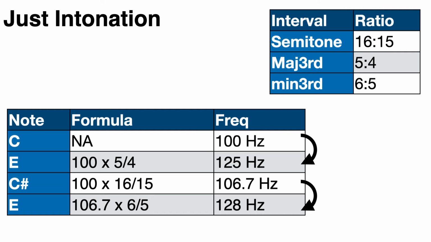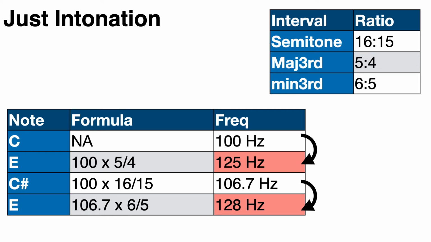But now, if we derive the note E again, but this time from the C sharp, so the note E being a minor third above the note C sharp, we will get E equal to 128 Hz. And so we find that the note E in the key of C major is different to the note E in the key of C sharp minor.